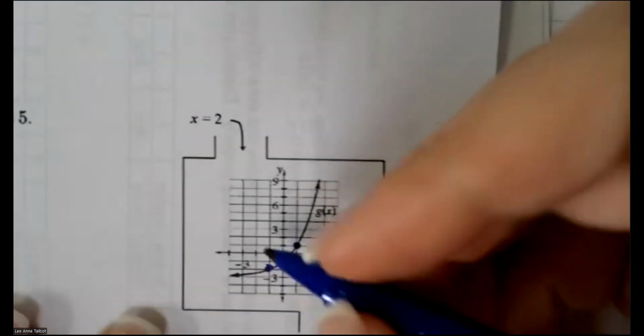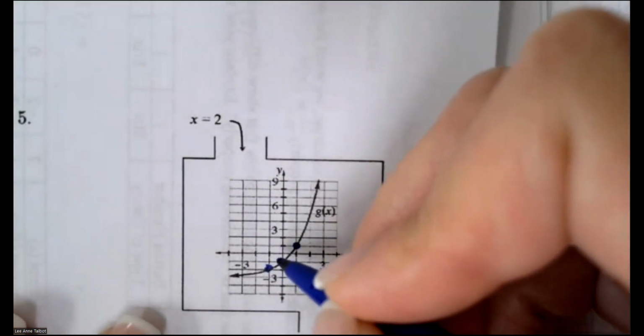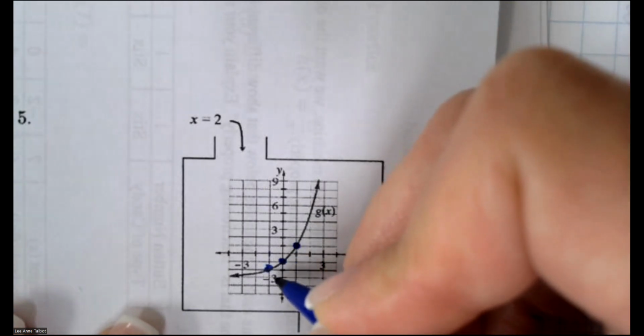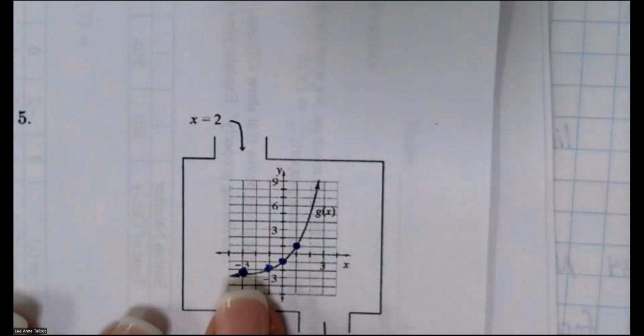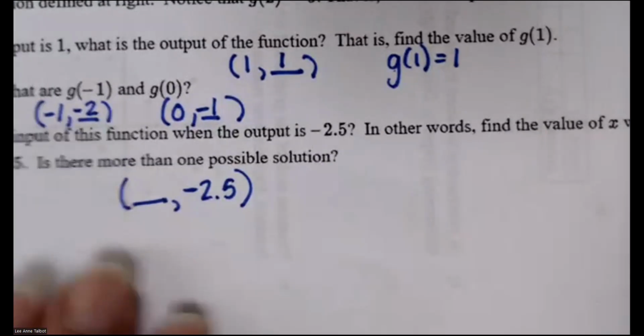We have to go y is -2.5. So -1, -2, -2.5. Here's the coordinate. What coordinate is that? -2.5, -3? Actually, I said that backwards, huh? -3, -2.5.